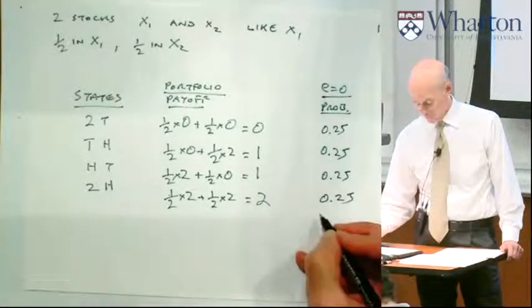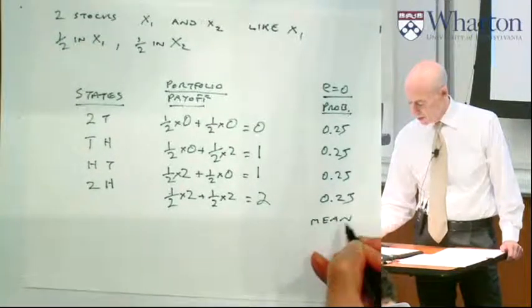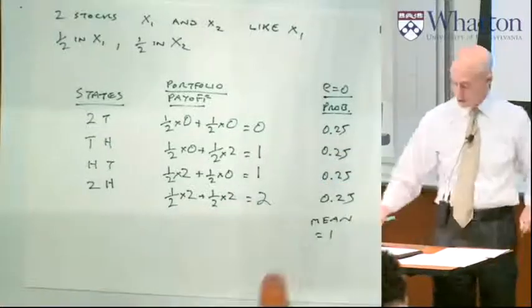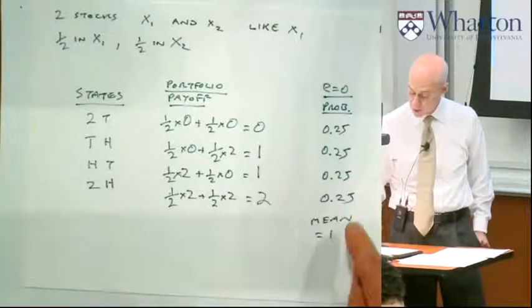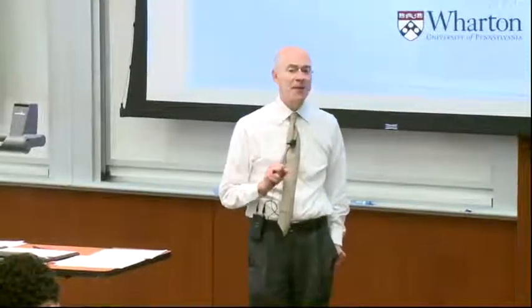What's the mean? Well, again, it's a quarter times 0 plus a quarter times 1 plus a quarter times 1 plus a quarter times 2, which is 1. What's happened to the variance?